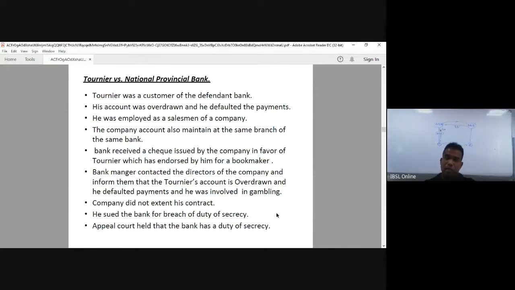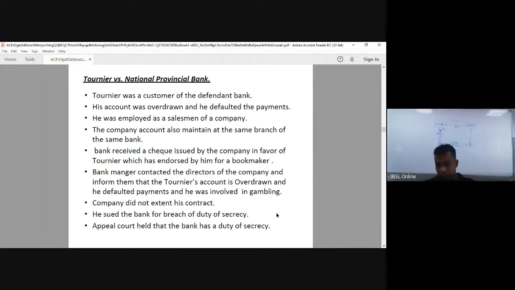The company had issued the check in favor of Mr. Tournier, who is the payee of the check. Mr. Tournier had endorsed the check to a third party.